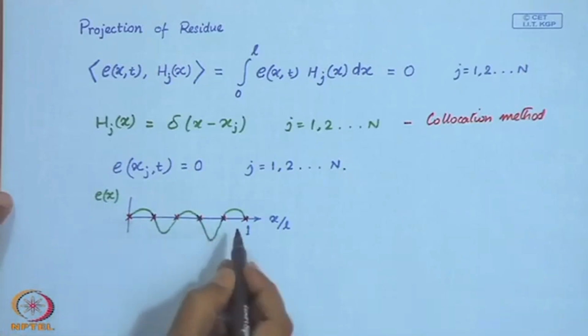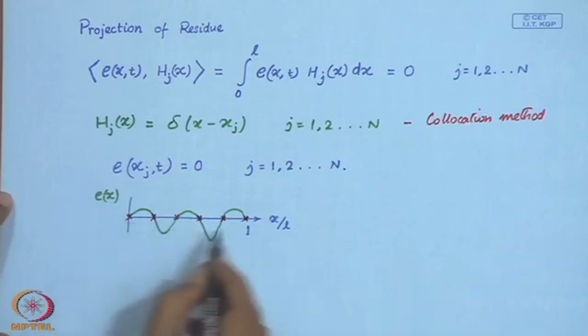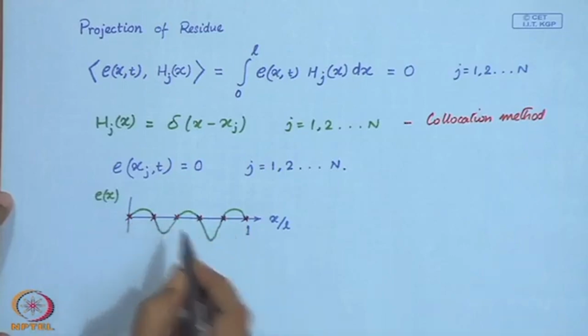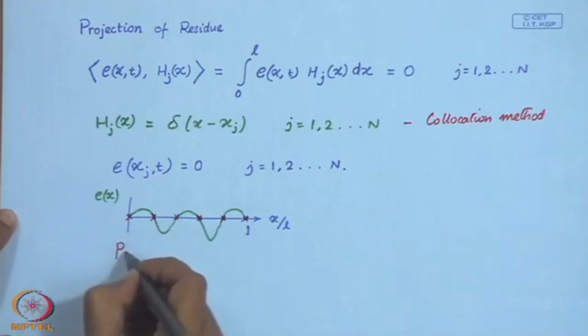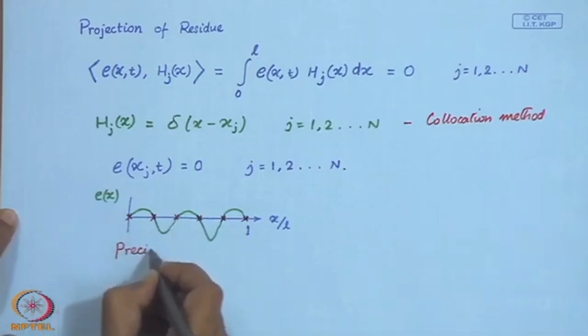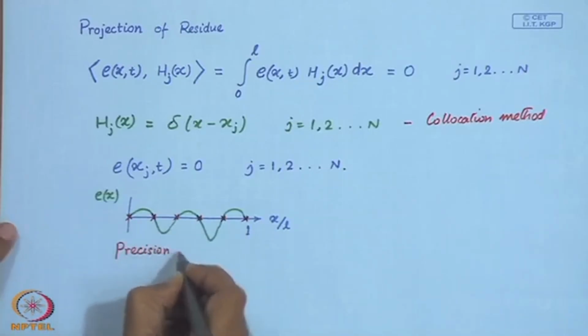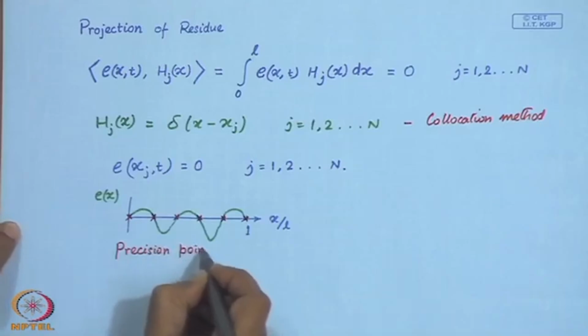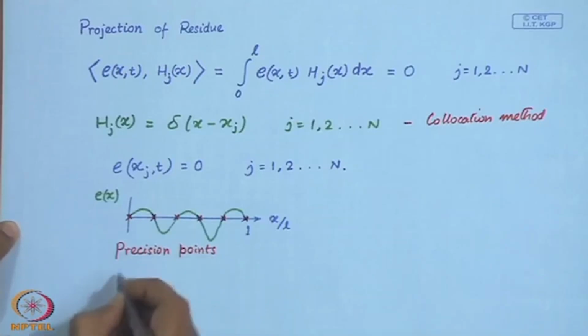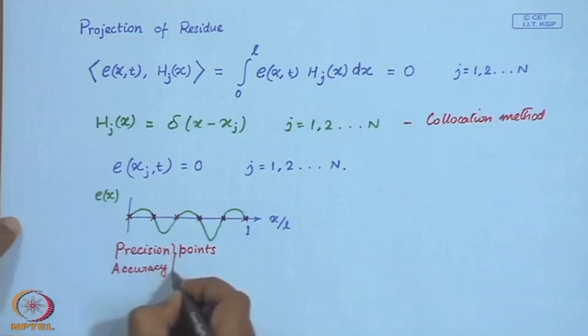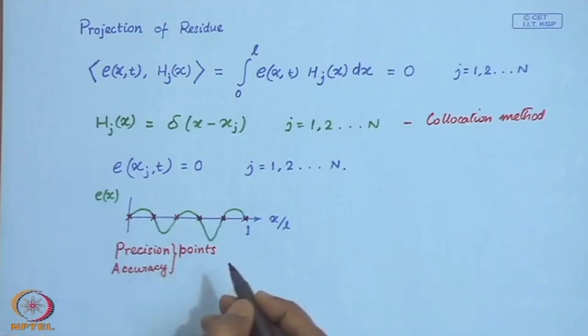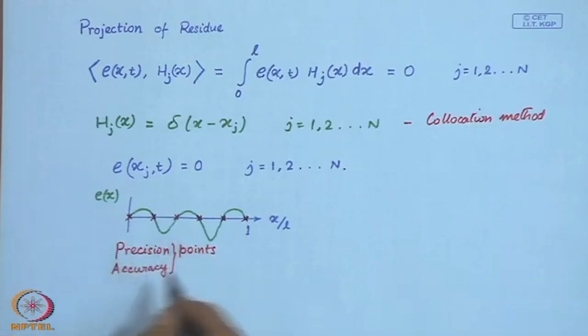So, at these points the residue must vanish. Now there can be various ways of choosing. These points are known as the precision points, or also sometimes known as accuracy points. Now, there can be various ways of choosing these precision points or accuracy points.